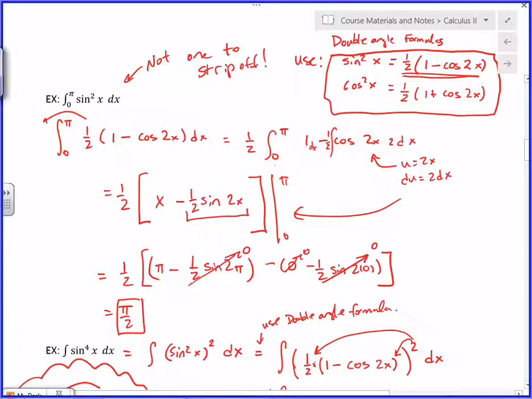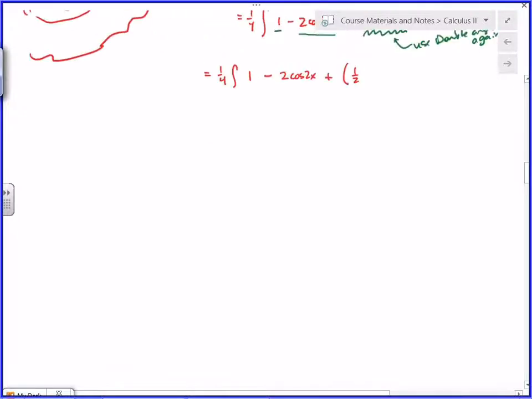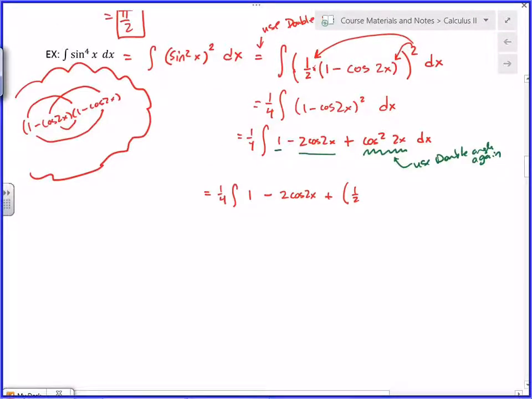So if I had a 2 in here, what do I have right there? A 4, replacing x with 2x. Does that make sense? So down here, cosine squared of 2x would be 1/2 times 1 plus cosine of 4x dx.